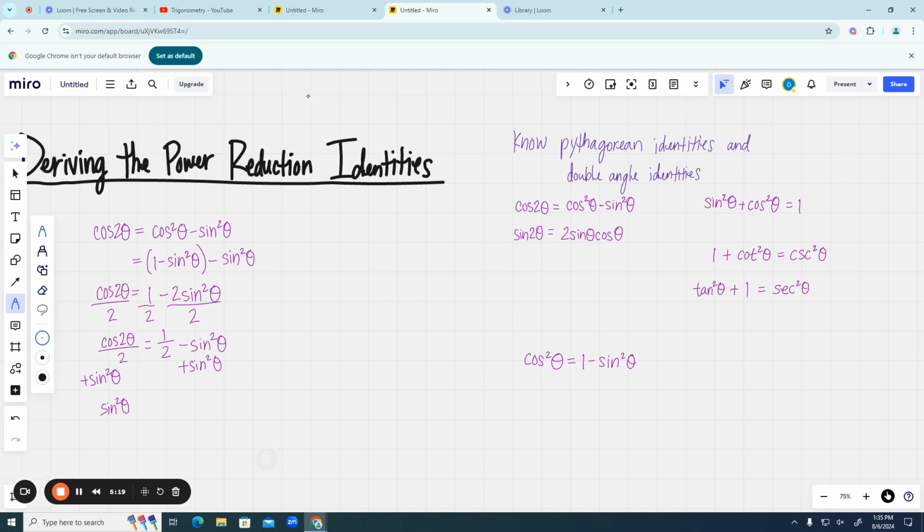Then I'll have sine squared theta equals 1/2 minus cosine 2 theta over 2. They have the same denominator, so we can write that as 1 minus cosine 2 theta all over 2. And that is how you can get the power reducing identity for sine squared theta.